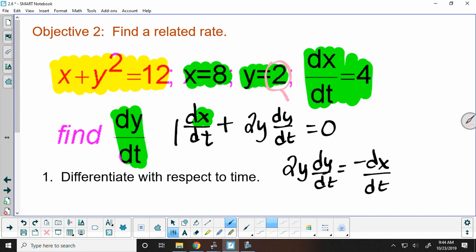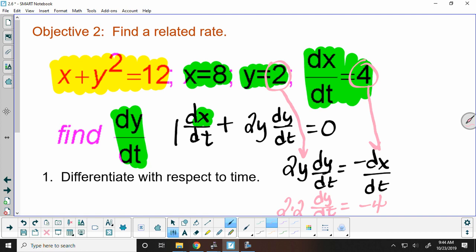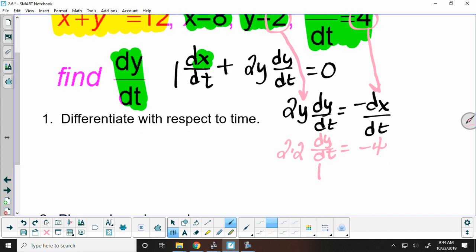Substitute it where? For y, right? Where am I going to put this 4? For dx over dt. So this is going to look like 2 times 2 dy over dt is equal to negative 4. Can you solve for dy over dt now? What will it be? Yeah. dy over dt is equal to negative 4 over 4, or negative 1.